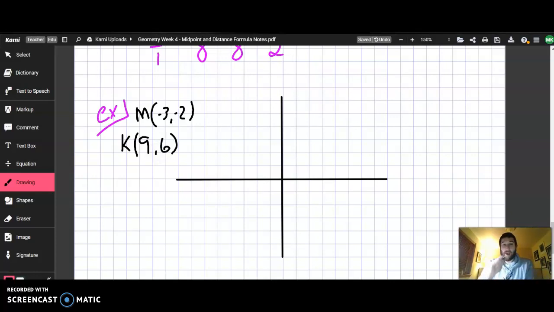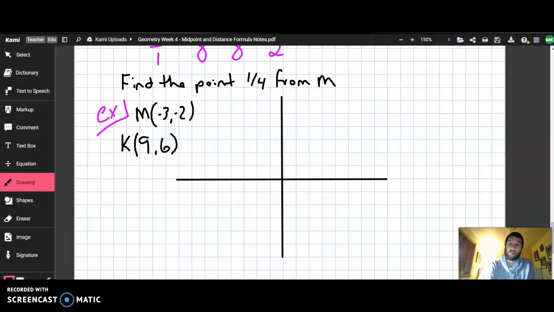And let's go ahead and add an extra layer here. Let's say we want, so let's find the point 1/4 from M to K.